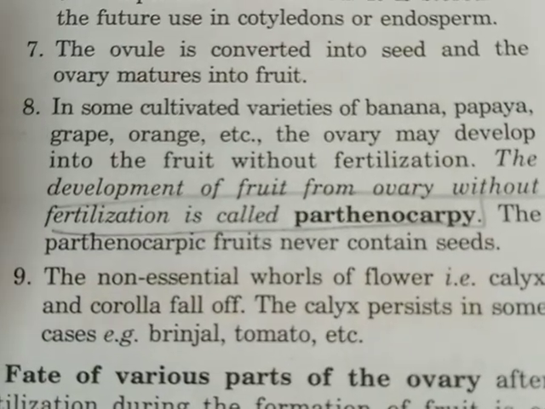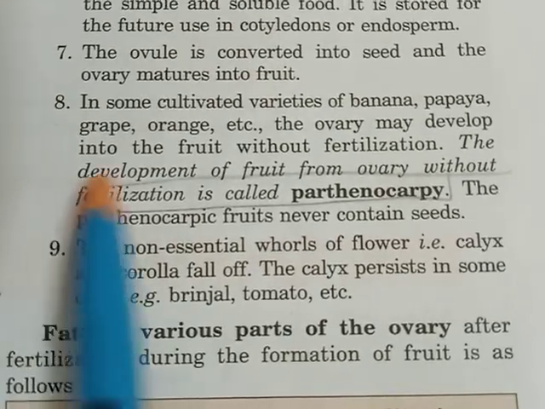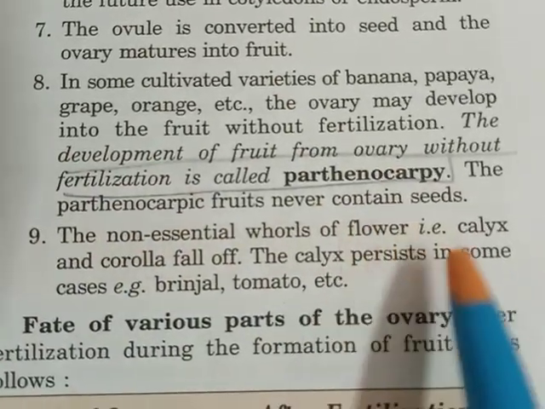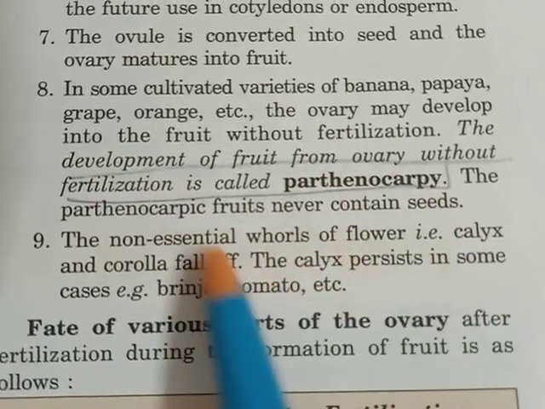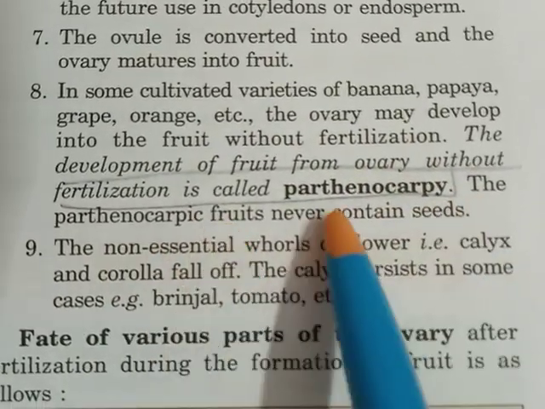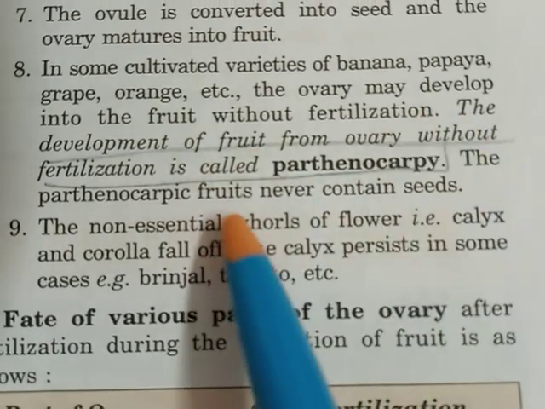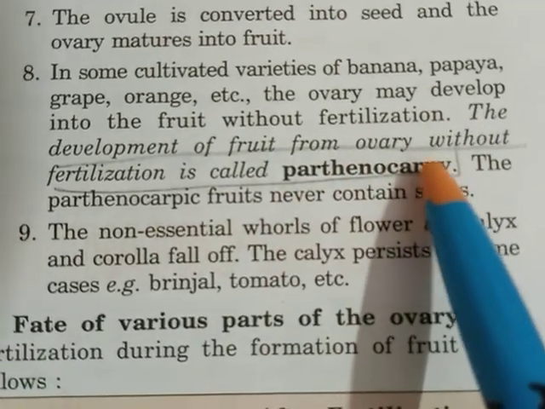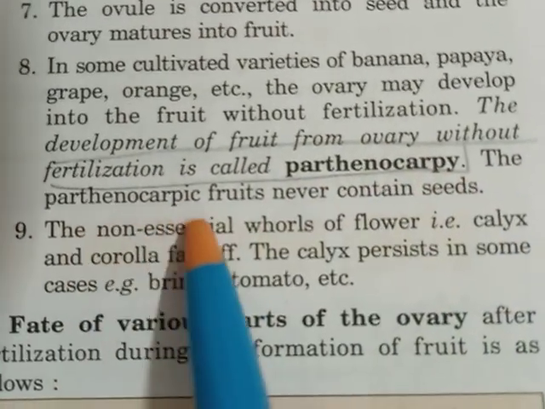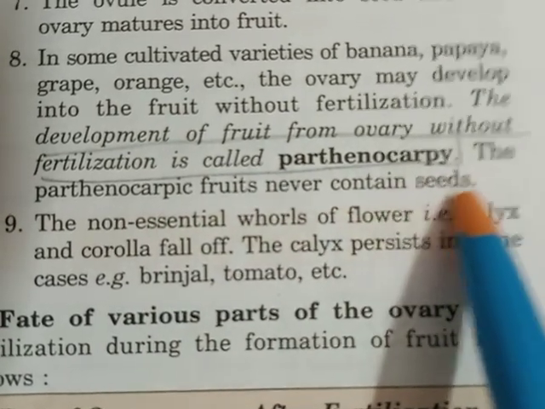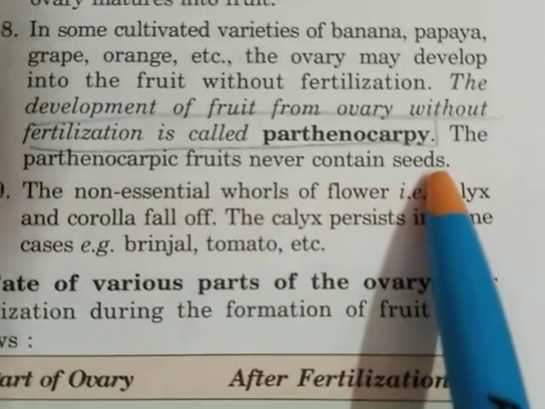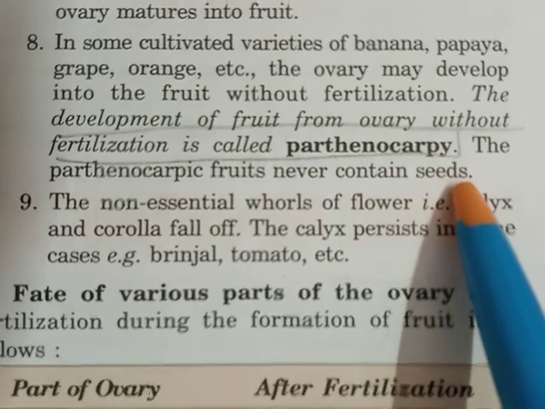But in some varieties of banana, papaya, grapes and orange, the ovary may develop into fruit without fertilization. So the development of the fruit from the ovary without fertilization is called parthenocarpy. The parthenocarpic fruits never contain seeds, because they are formed without fertilization.